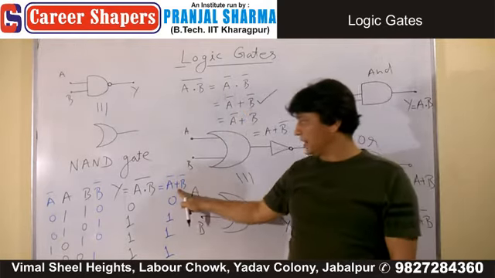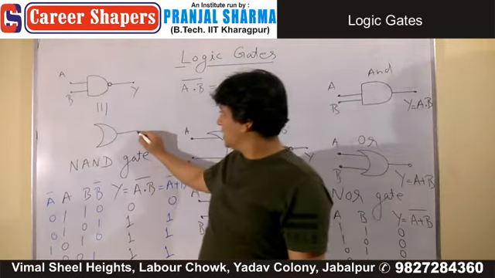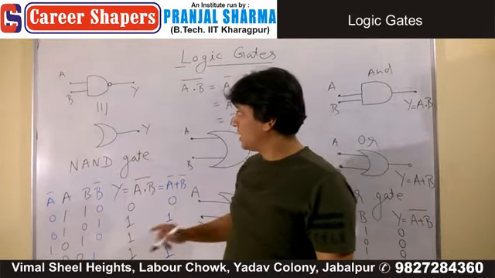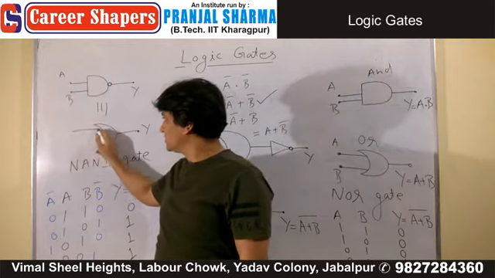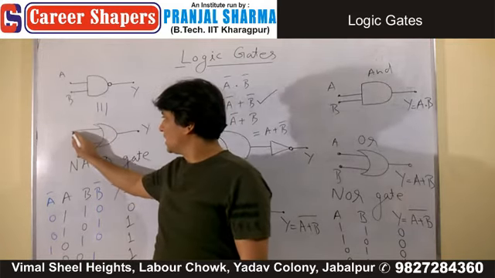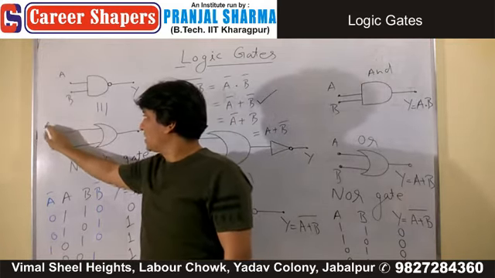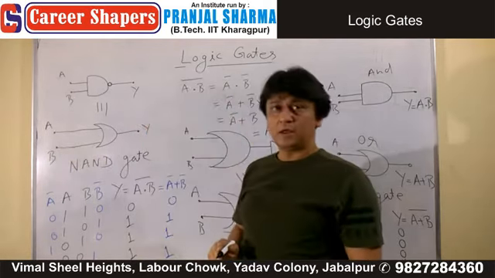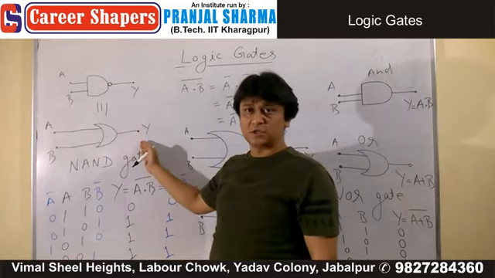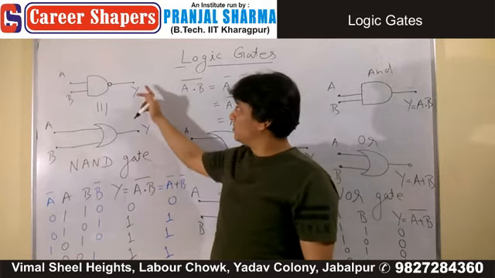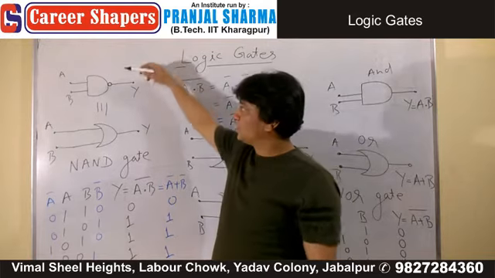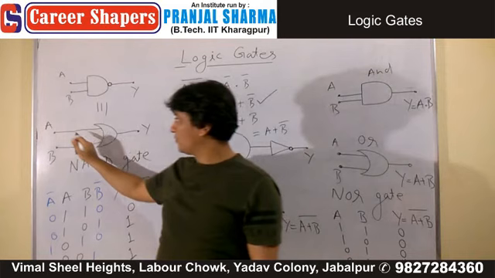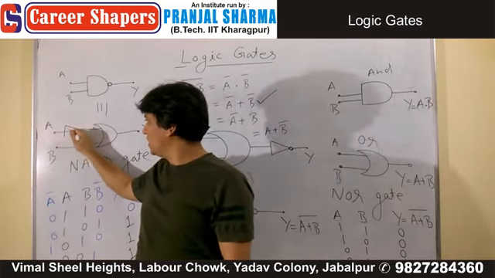This will give us the output. The thing is, the moment I give command A, the moment I give command B, if I keep it only like this, then this Y and this Y, they are not the same. This is dot, cross, this is plus, and therefore I need to invert my command.